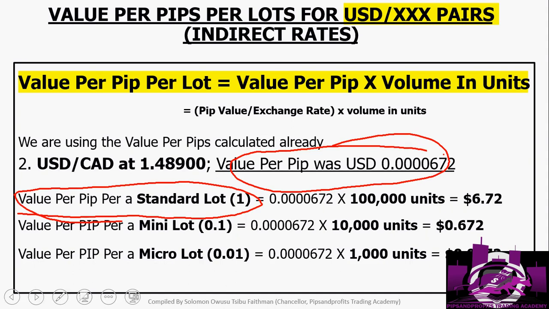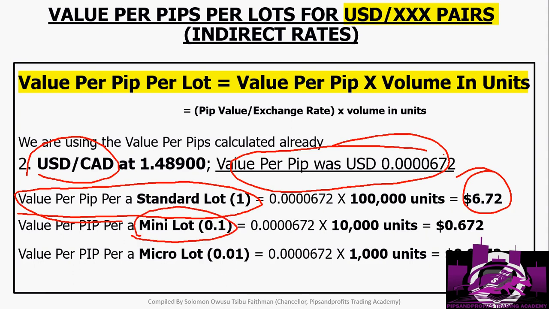If I trade one standard lot, one pip, of the USD CAD, I'm going to get this as my profit for one pip. If I trade a mini lot, I'm going to have this as my profit for one pip. That is a mini lot. If I trade a micro lot, I'm going to have this as my profit. So you can also see that the USD CAD is also different from the USD CHF. The answers are not the same.